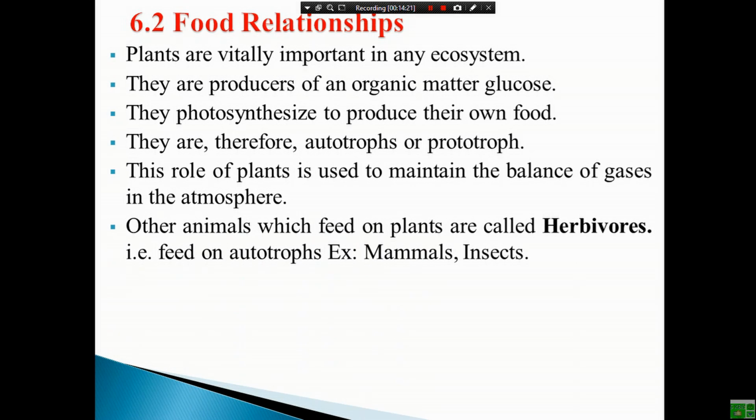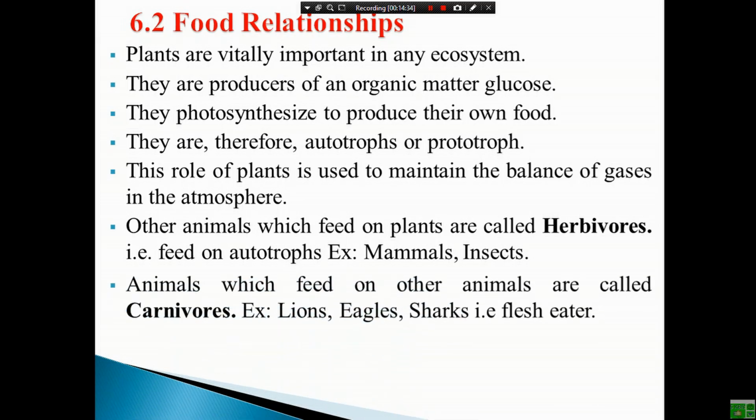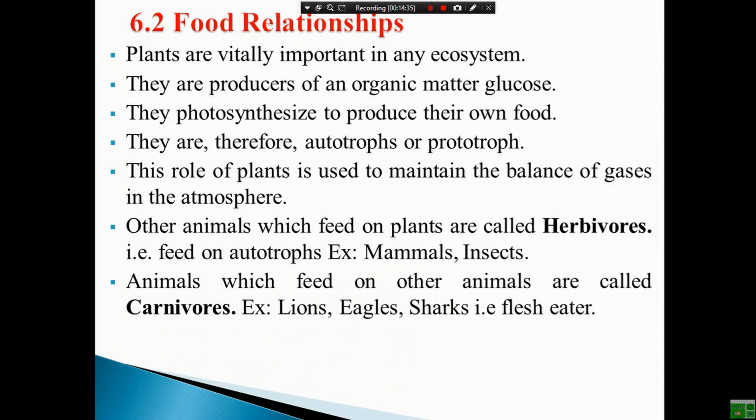Organisms that do not make their own food, which rely on autotrophs, are called heterotrophs. Those heterotrophs are herbivores, carnivores, omnivores, detritivores, and decomposers. Herbivores feed on autotrophs, like mammals and insects.